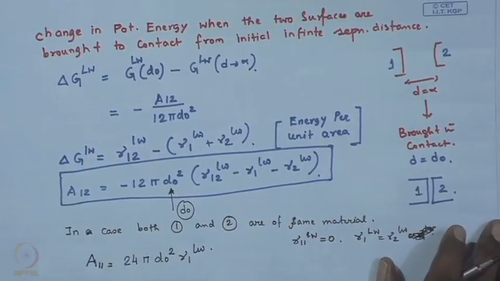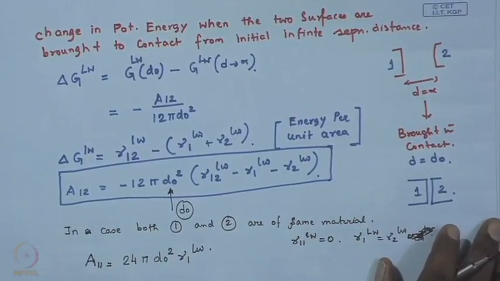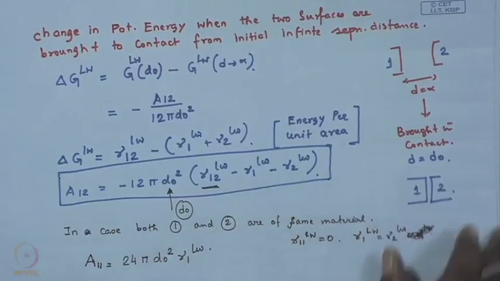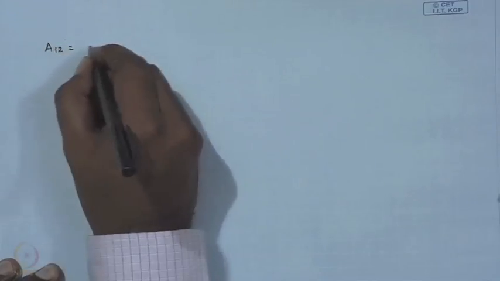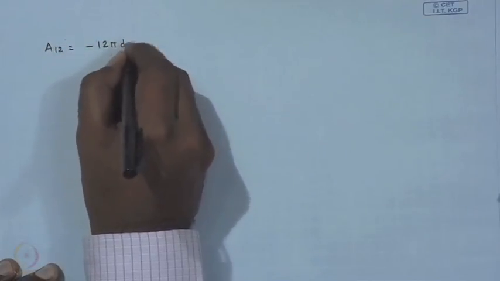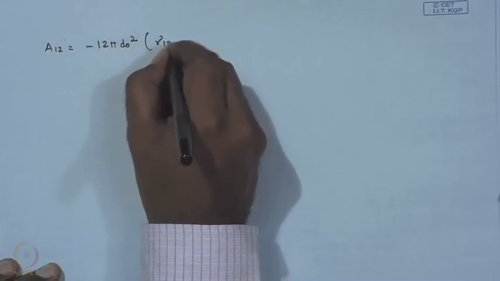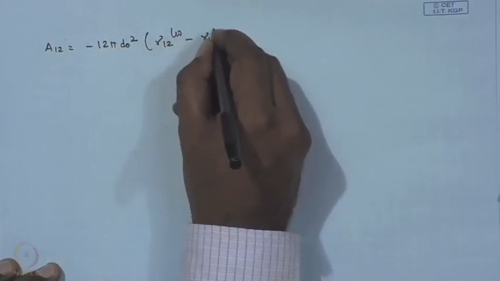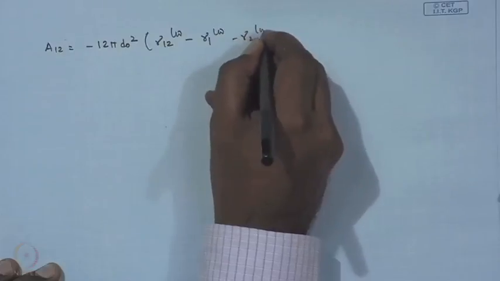The other important thing is that from this expression of A12, we have minus 12 pi d0 square times gamma 12 LW minus gamma 1 LW minus gamma 2 LW.